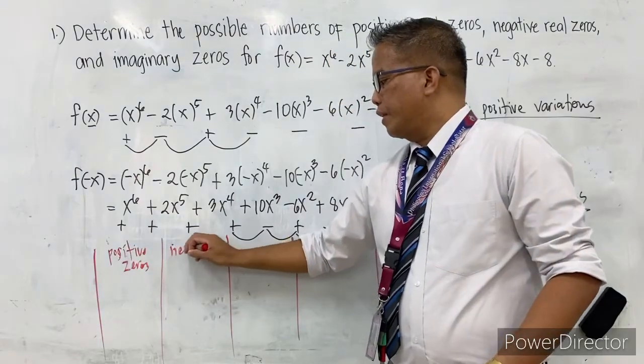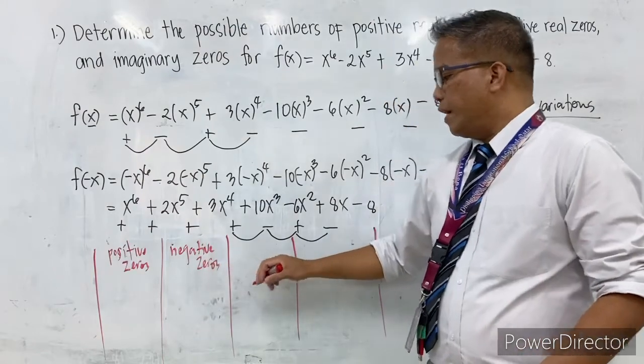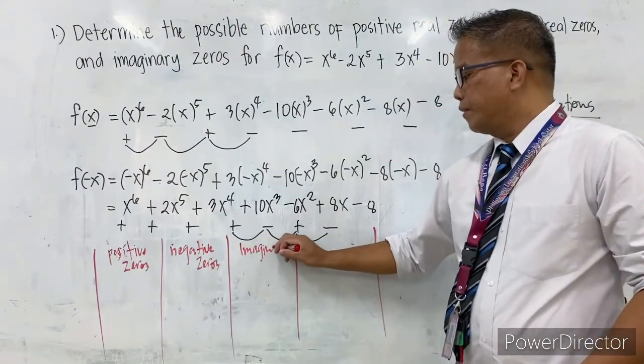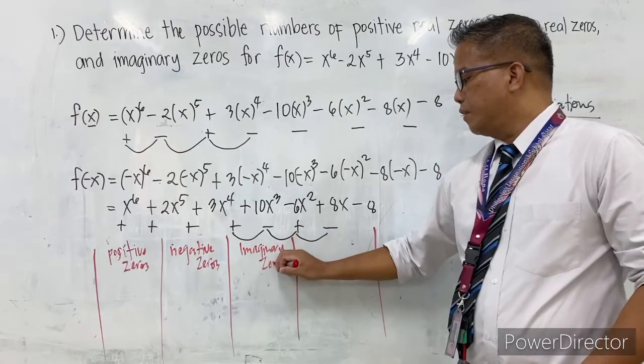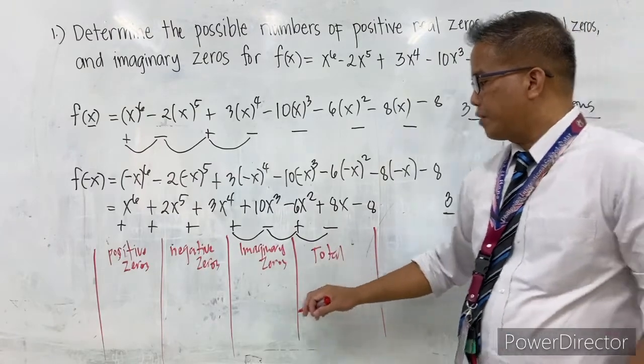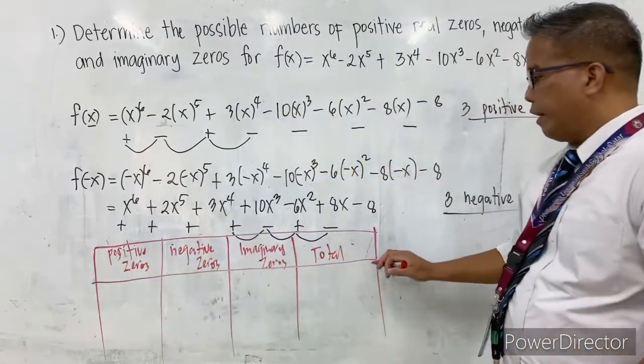The second is your negative zeros. The third column will be your imaginary zeros. And here is your total number of zeros. That is your table.